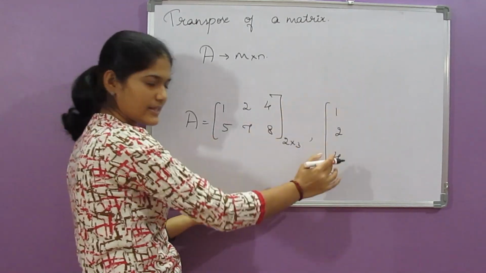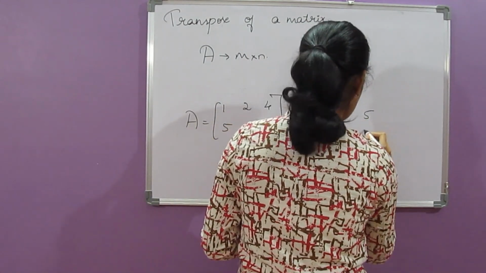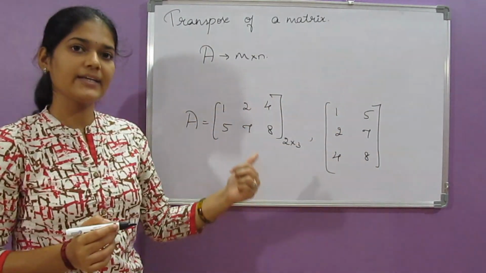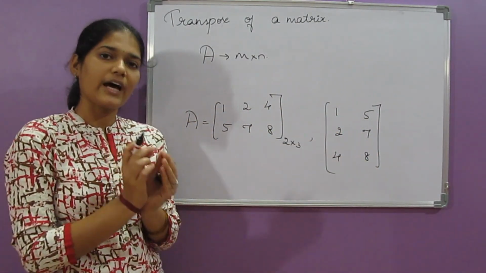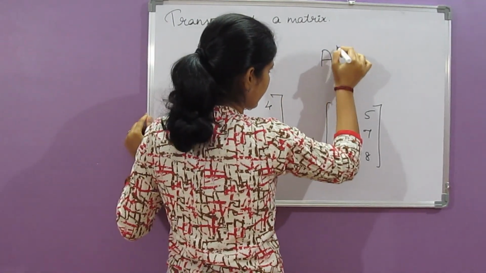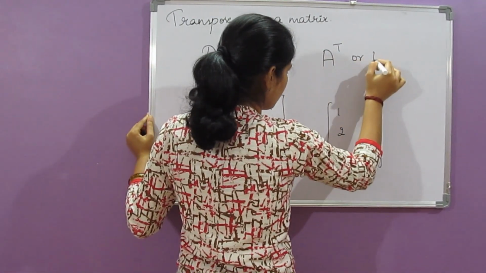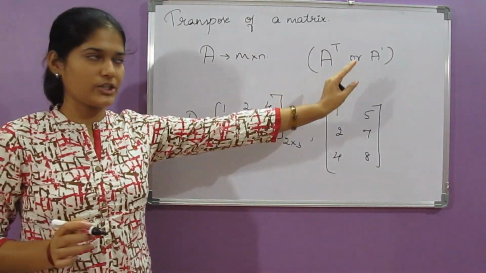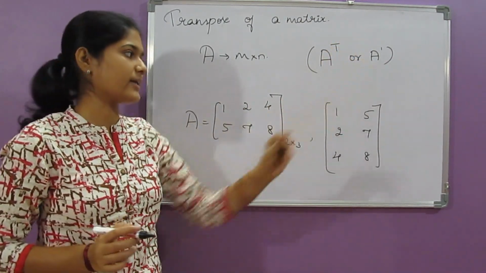Similarly, second row will be second column. This is the matrix A transpose, and transpose of a matrix is denoted by A transpose or this. This is the notation of A transpose of a matrix.